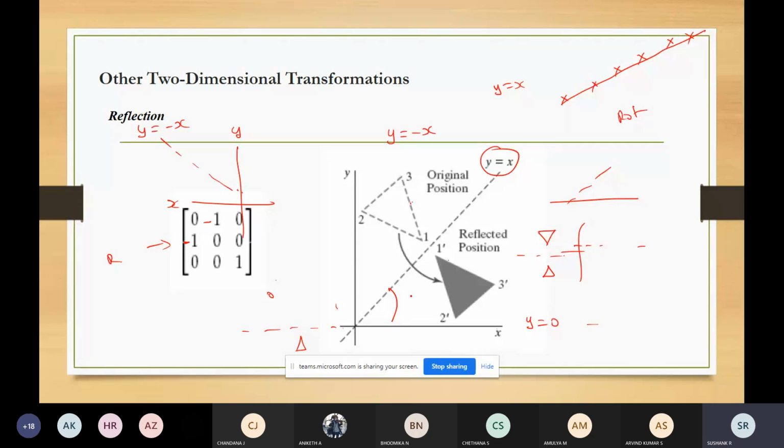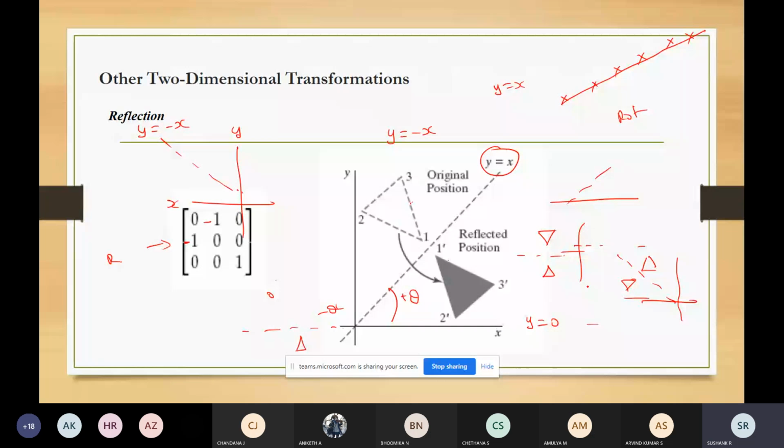If you add plus theta, here it is minus theta. So now the image will go to this line. So these are the steps: rotation, then the reflection, and again rotate it back. By following these steps, you can get the reflection along the line y is equal to minus x.